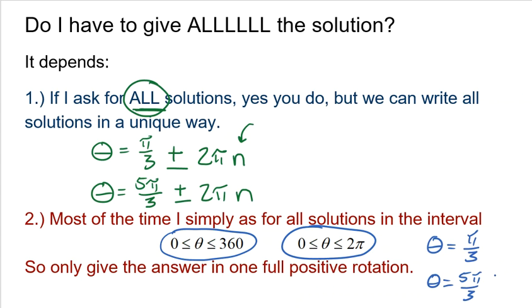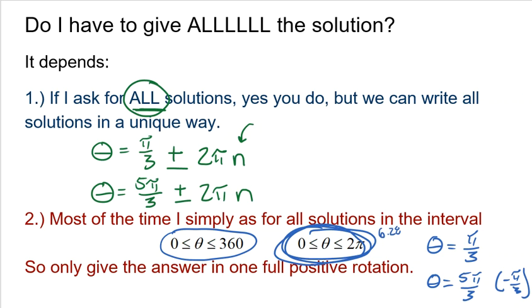Now, even though negative pi over 3 is coterminal to 5 pi over 3, it's negative. And if this is the interval that I want your answers in, don't give me a negative, because this only includes positive numbers 0 to 2 pi. Or if you're using decimals, which is okay if it's an angle you don't recognize, which we'll talk about shortly, 2 pi is 6.28, just so you know.